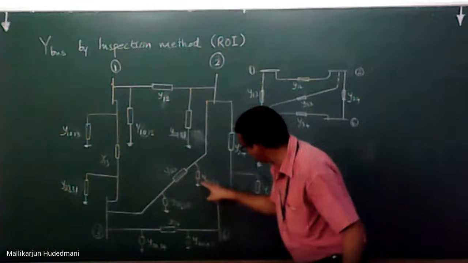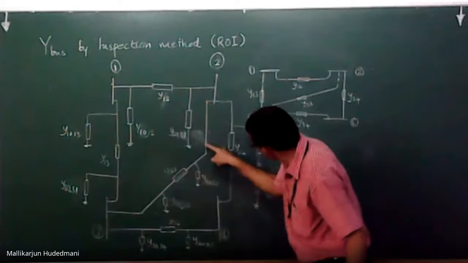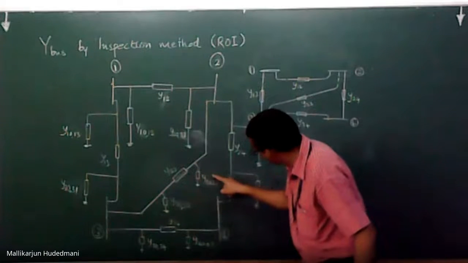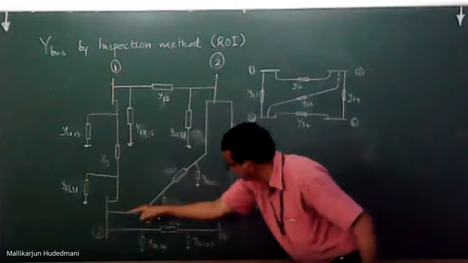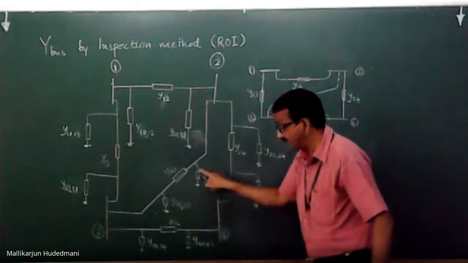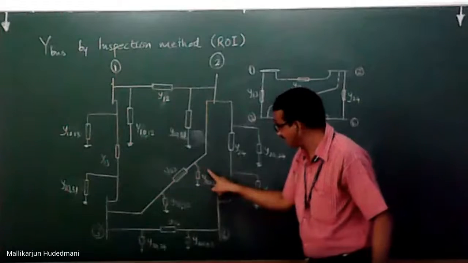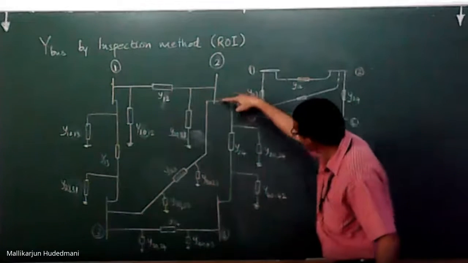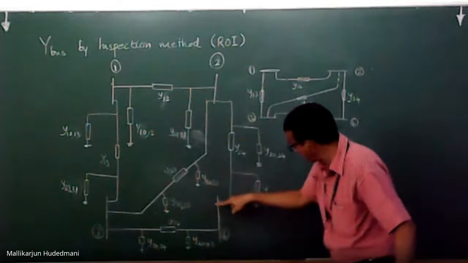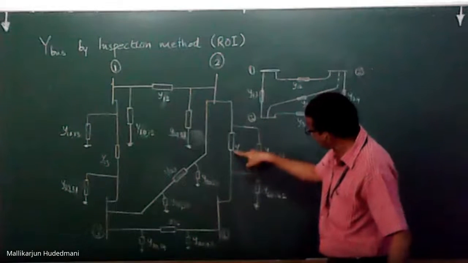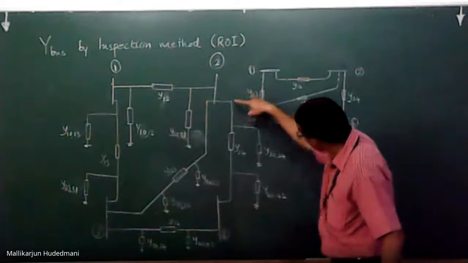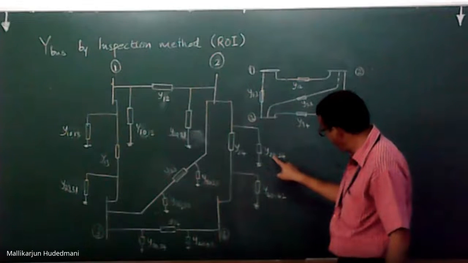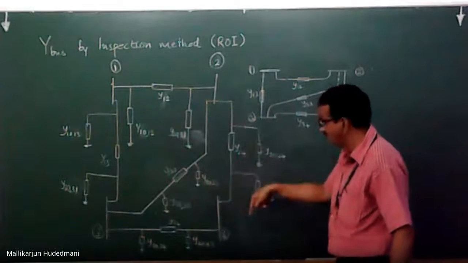Because of this, there is an element to the ground, Y20 23 due to 2 to 3 connection. This is called pi representation, half line charging admittance. Similarly for 2 to 4, Y24, an element, and because of this, 2 to ground, Y20 24 due to 2 to 4 connection.